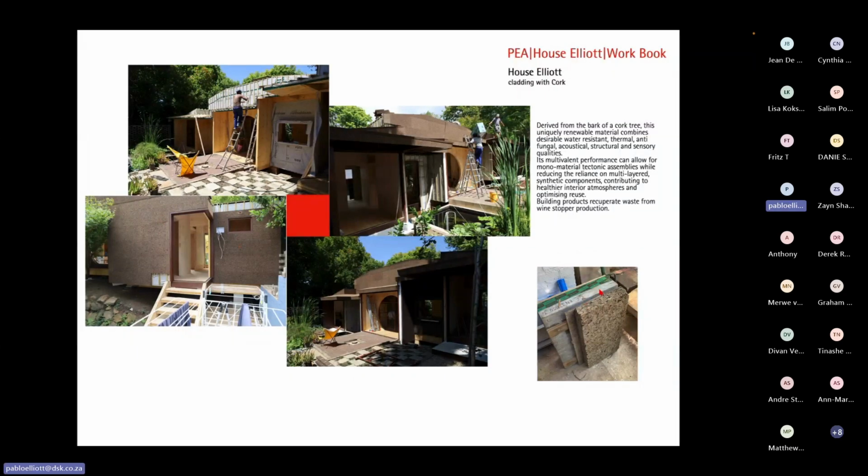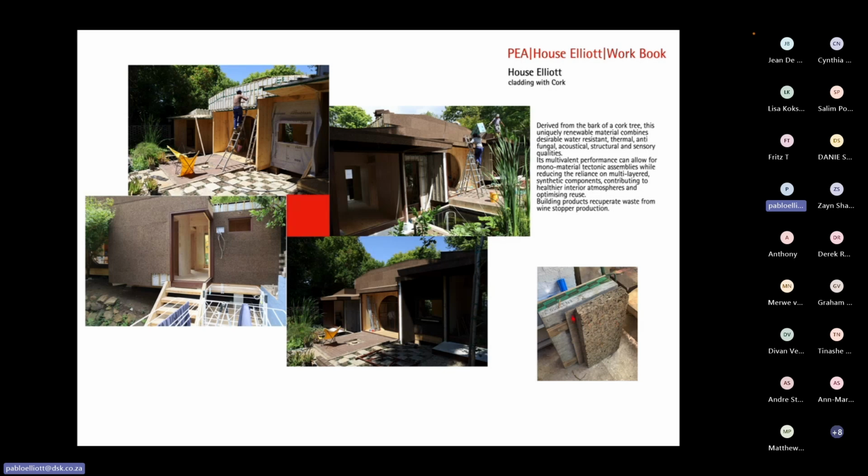And here you can see a detail of it. This has been standing outside for 5 years, so it's a bit tatty, but you can see here the panel on the inside is the cross-laminated timber, which has a vapor barrier. There's then a batten, and in this case, a plywood sheet, and then the cork is either screwed on, as in this case, or glued on.